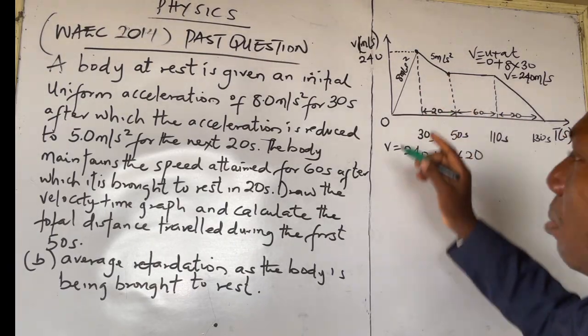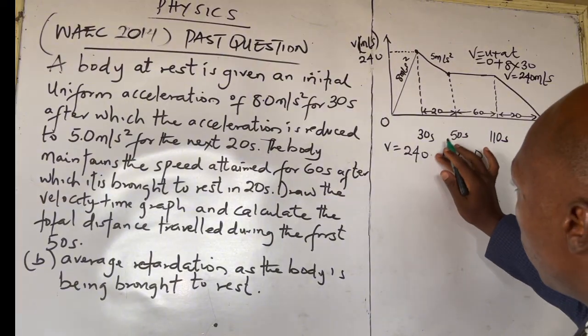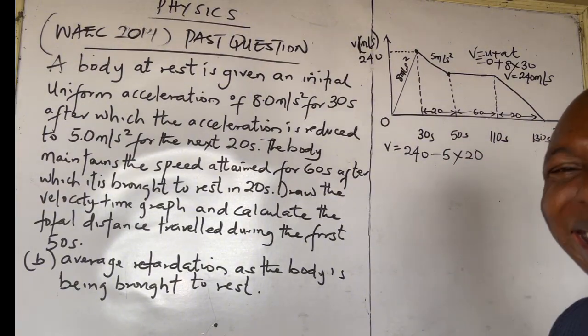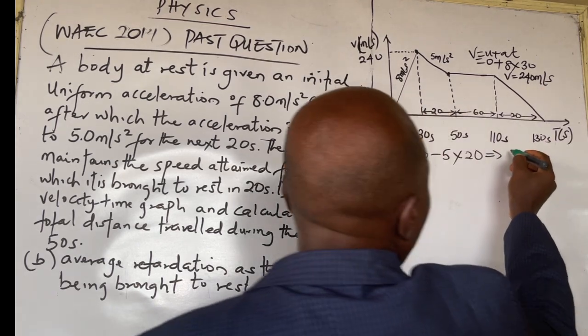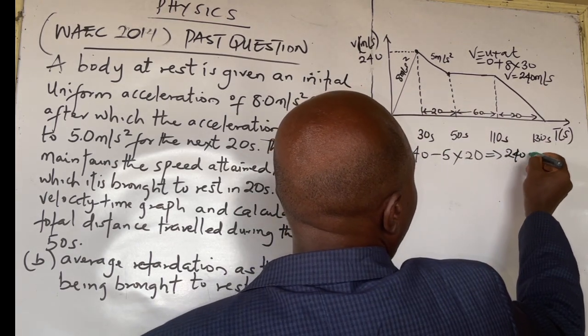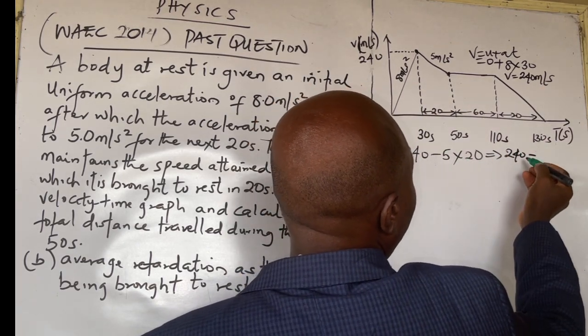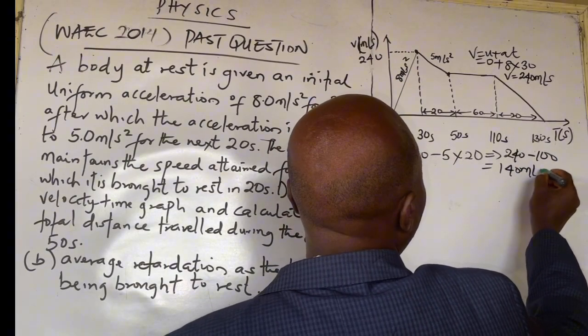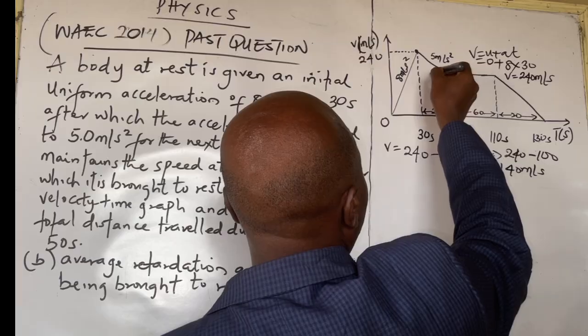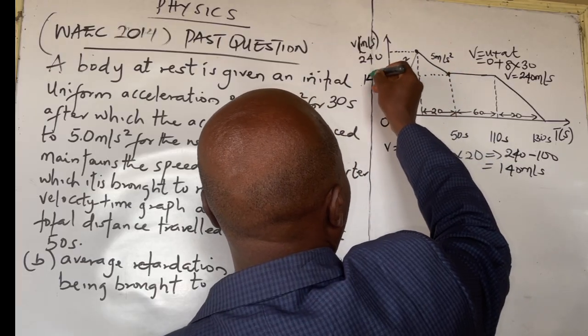But retardation means minus, so we put minus because it is retardation. So that will give you 240 minus 5 times 20, that's 100. So the total figure will be 140 meters per second. So the one here now is 140.